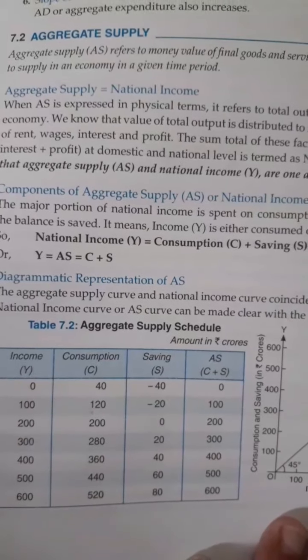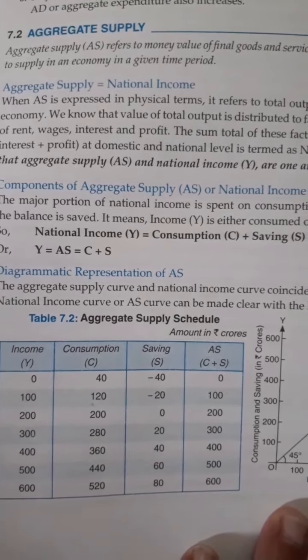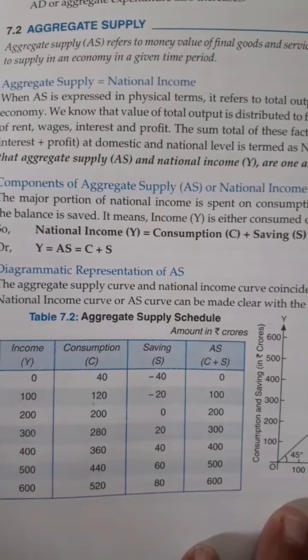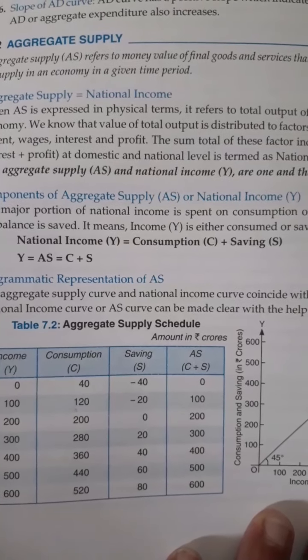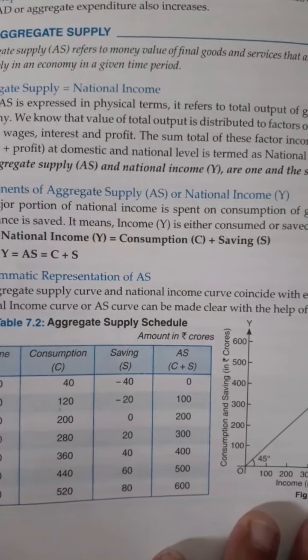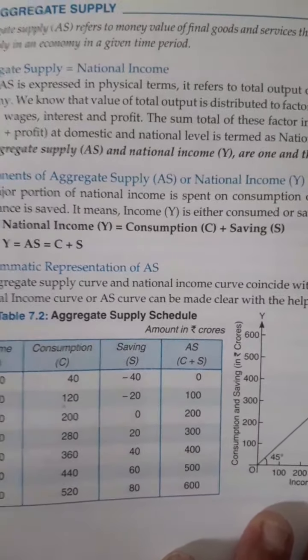Now we will study aggregate supply. Aggregate supply is denoted by AS. It is also known as national income. And in our aggregate demand, income is denoted by Y. So here you can see the formula Y is equal to AS, and AS means aggregate supply.